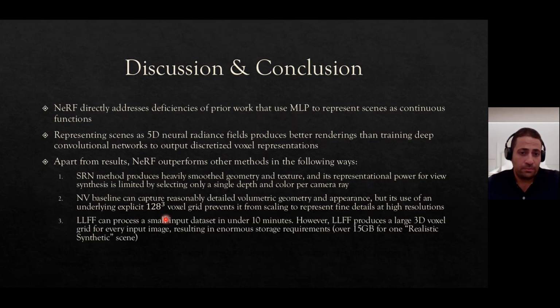Local light field fusion can process a small input data set in under 10 minutes, which is pretty quick. However, it produces a large 3D voxel grid for every input image. As an example, they mentioned here that it requires over 15 gigabytes for one realistic synthetic scene.